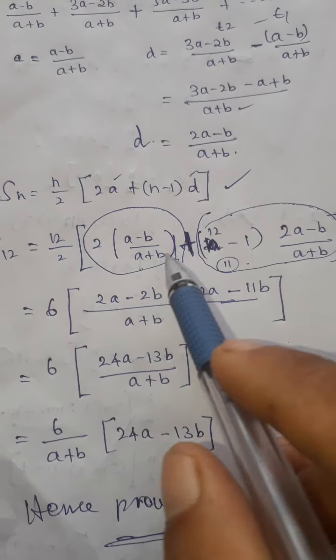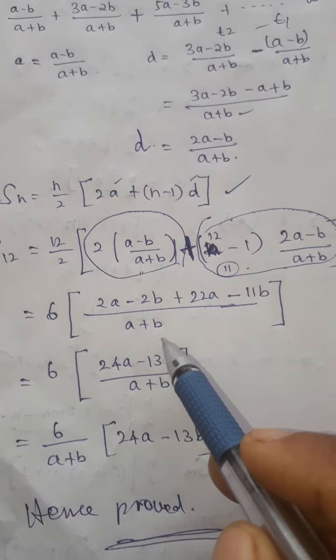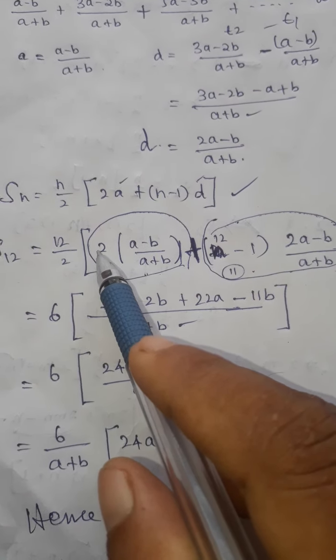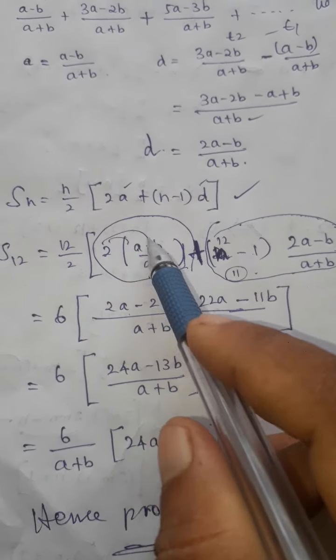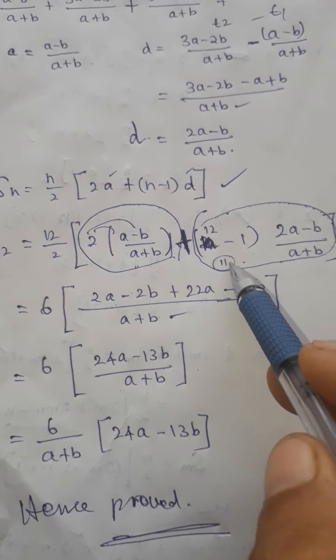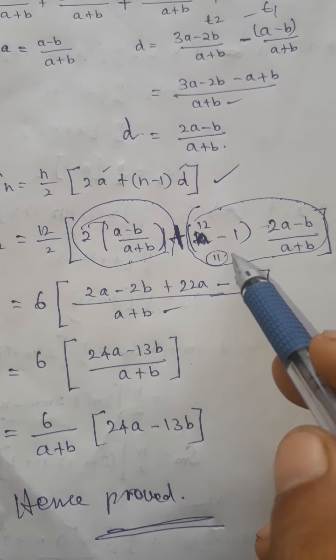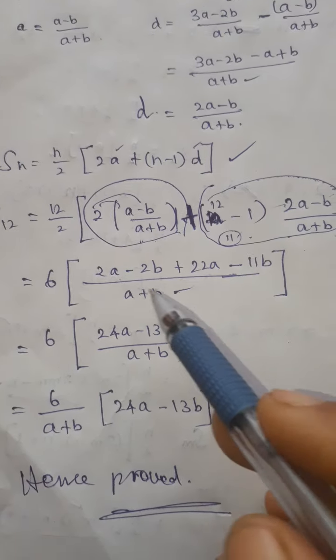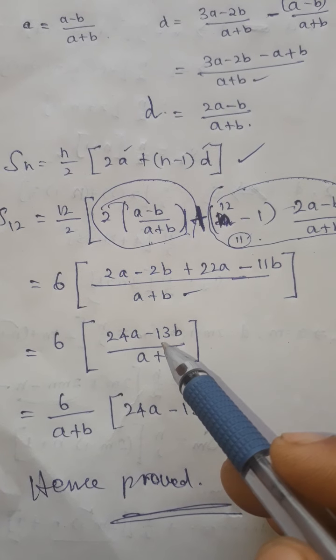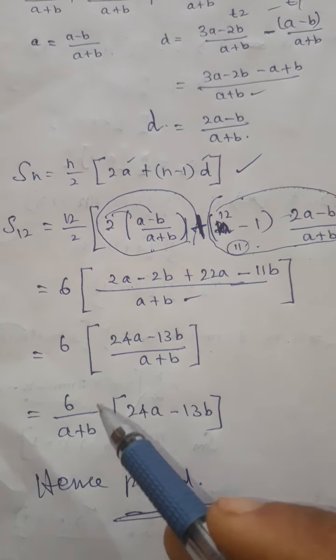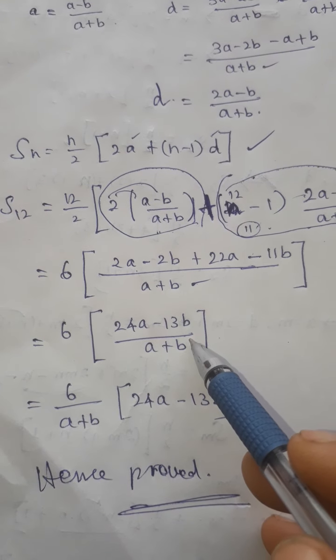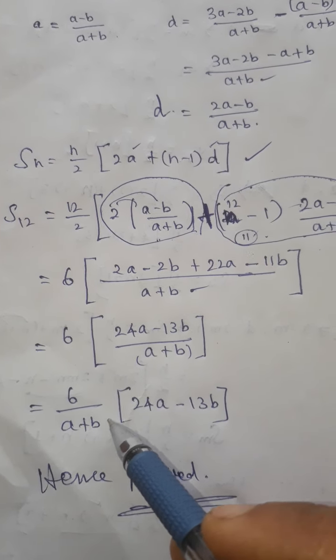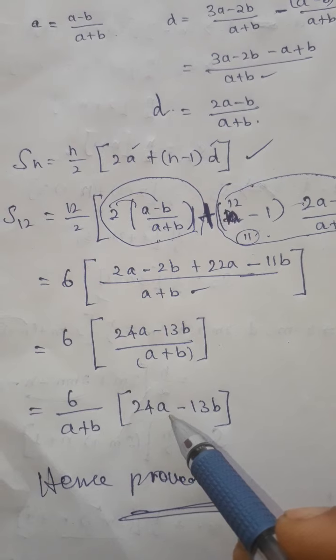The denominator is the same, so we write a plus b one time, and multiply the 2 inside 2a minus 2b. Here 11 into 2 is 22a, 11 into b is minus 11b. Simplifying, 24a minus 13b by a plus b. So 6 times a plus b taken outside, 6 by a plus b into 24a minus 13b.